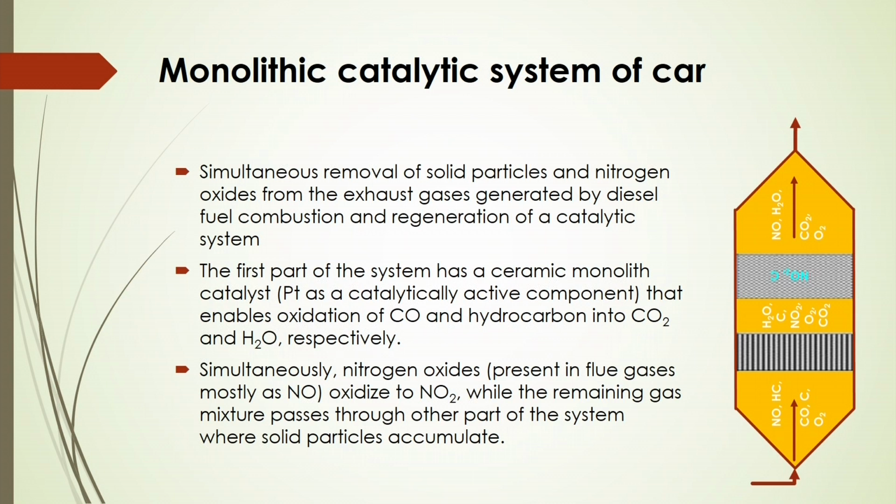And in this case, the first part of the system has a ceramic monolithic catalyst, where platinum as a catalytically active component is being used, and which enables oxidation of carbon monoxide and hydrocarbon into carbon dioxide and also water respectively.